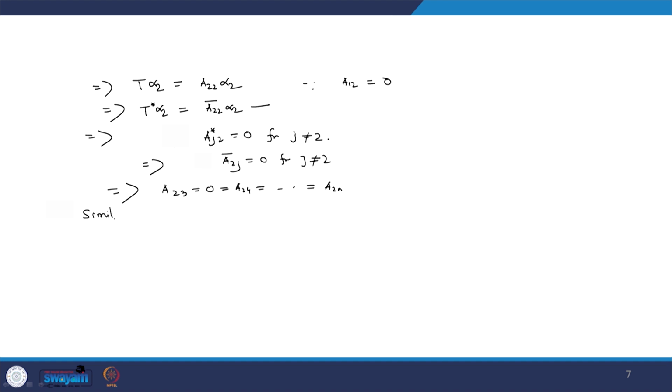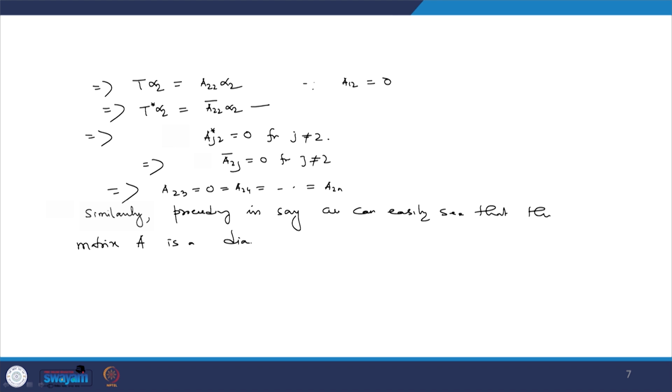Similarly, proceeding in the same way, we can easily see that the matrix A is a diagonal matrix.